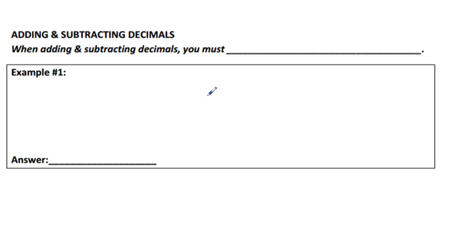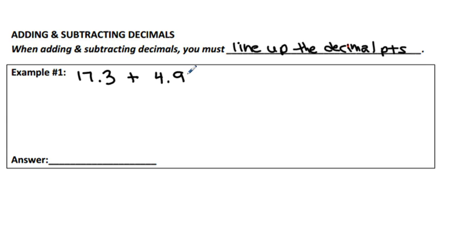All right, so let's move on to adding and subtracting. When adding and subtracting, you must line up the decimal points. In example 1, we have 17.3 plus 4.972.